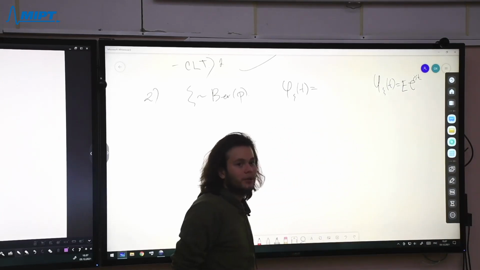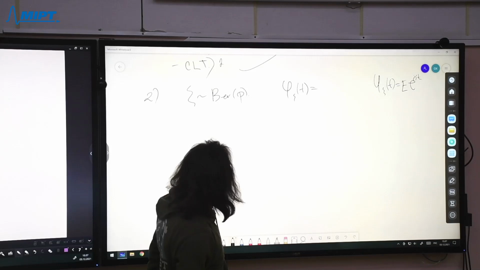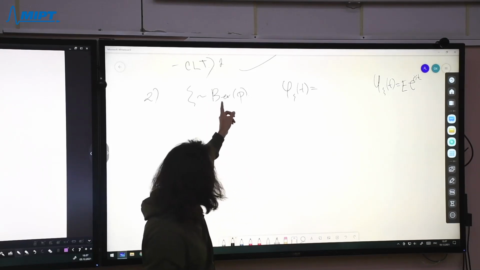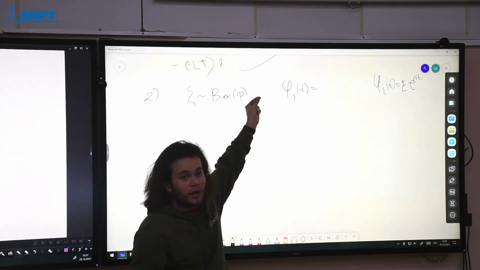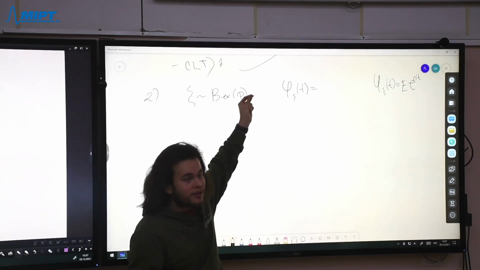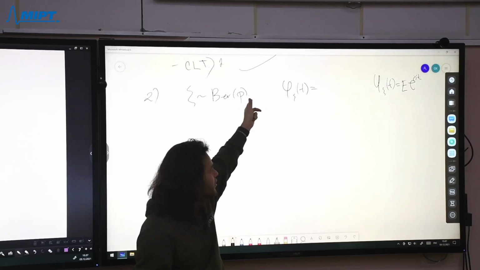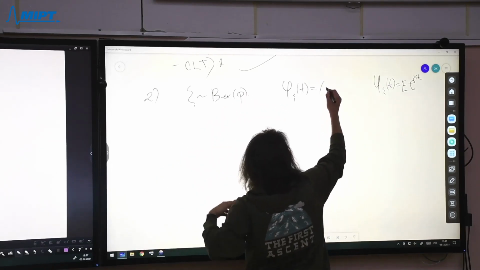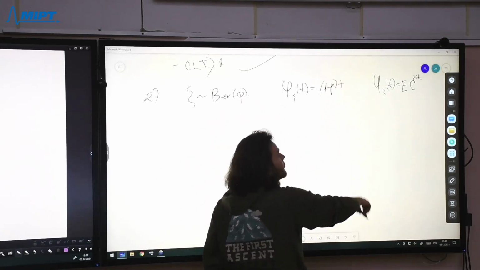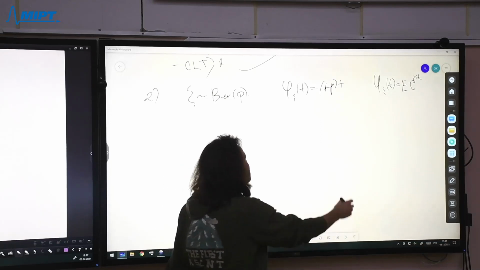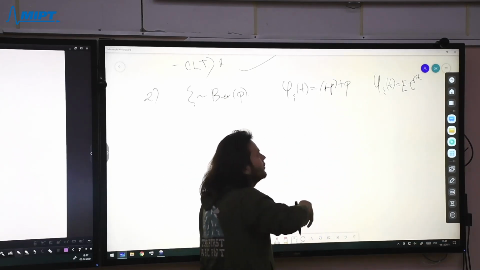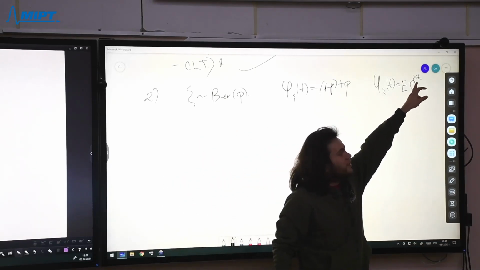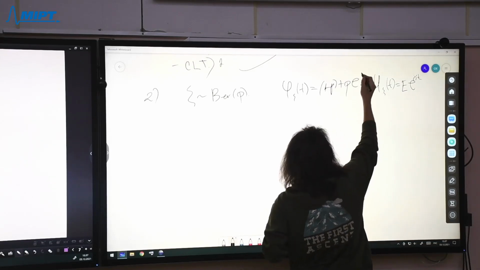So what are the possible values for Psi? 0 and 1, right? So let's take 0, e to the 0 is 1, times 1 minus p, is 1 minus p, plus p times e to the ixc 1, so e to the ixc.